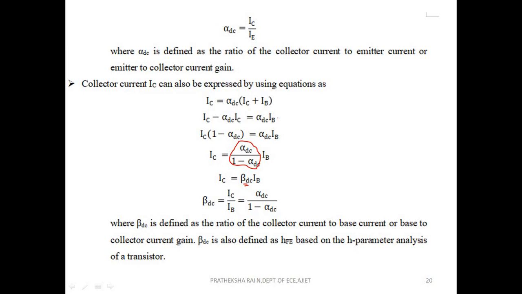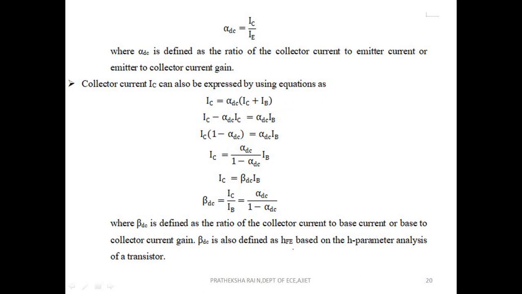That is the relation between beta DC and alpha DC. This is a very important derivation where beta DC is defined as the ratio of the collector current to base current, or base to collector current gain. Beta DC is also defined as HFE based on H parameter analysis of a transistor.